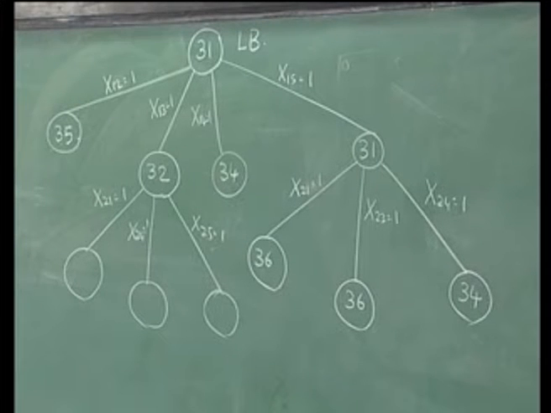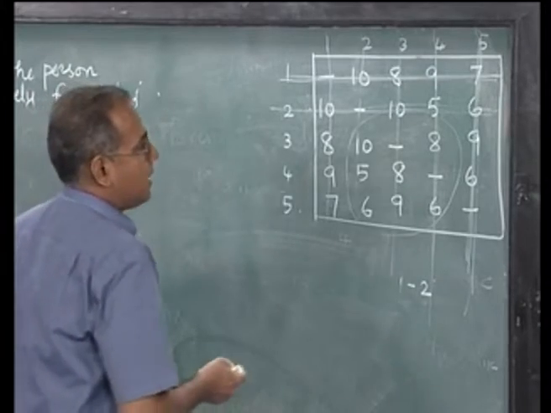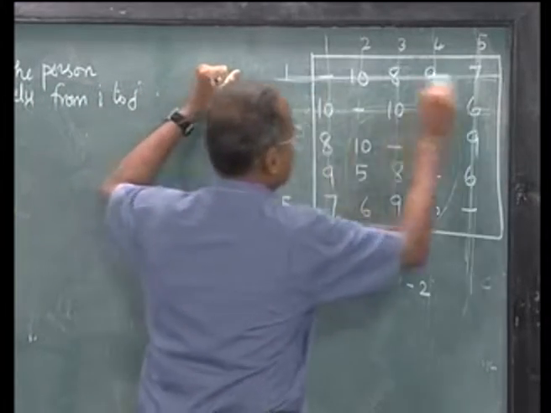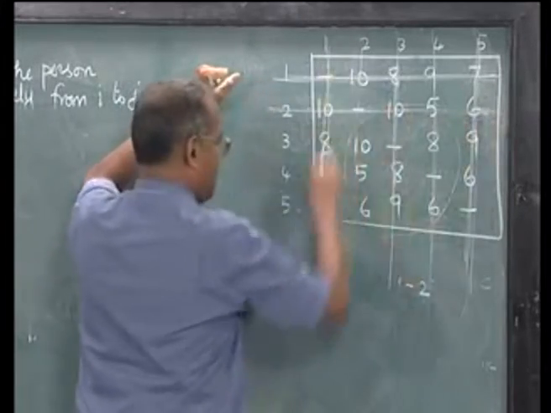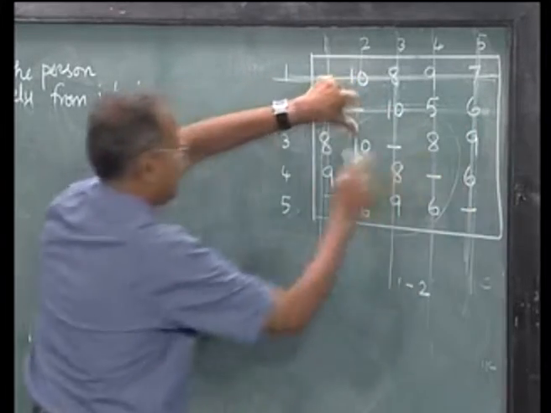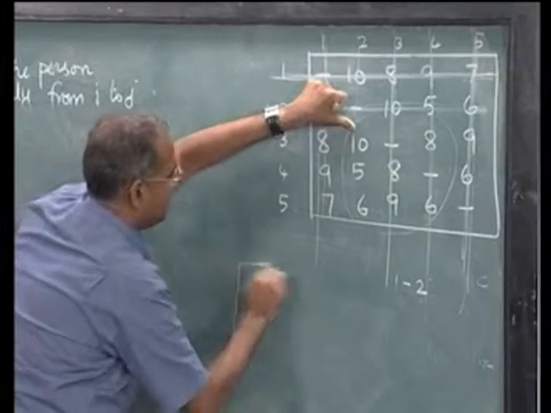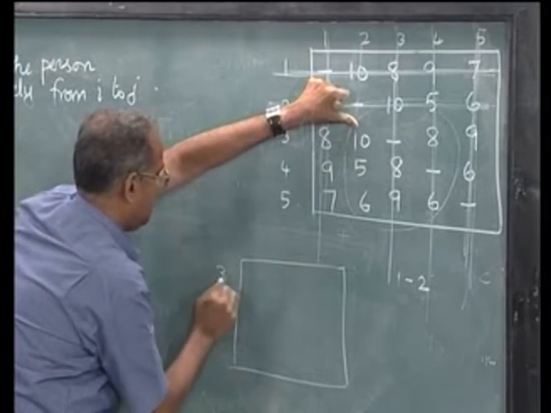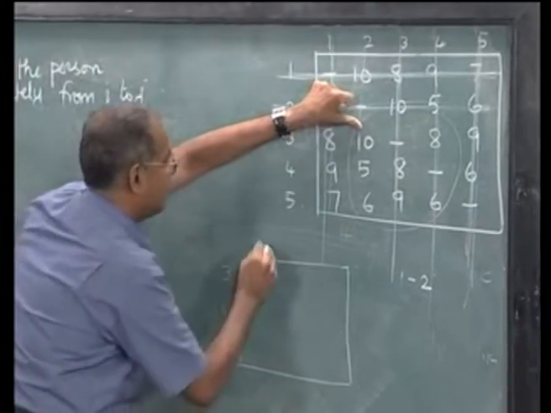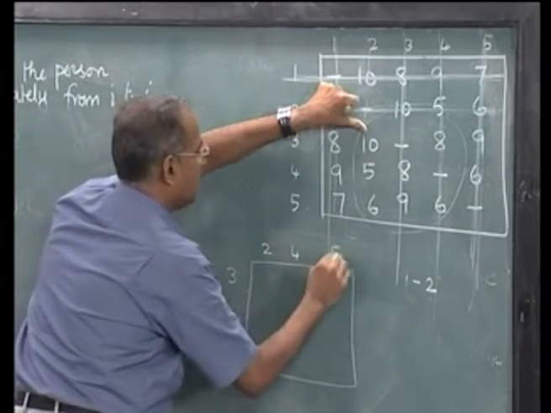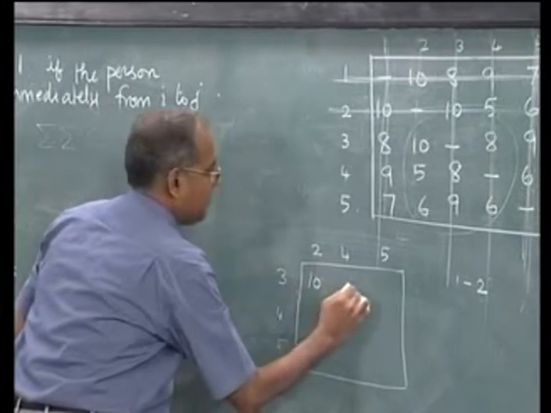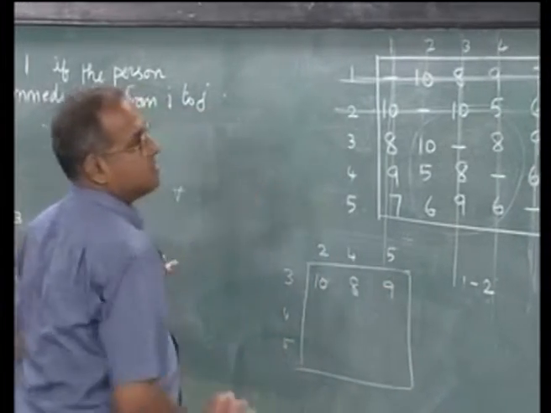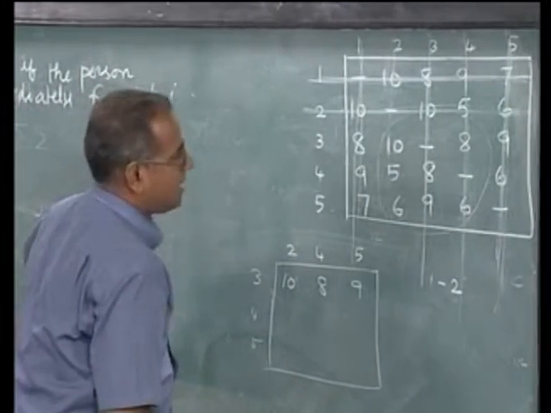Now, for the first one I put 1 3 and 2 1. So, this goes 1 3 goes, 2 1 goes, which means I have these remaining 3. So, I have 3 4 5 and I have 2 4 5 here. So, I get 10 8 9. I have used 1 3 and 2 1.